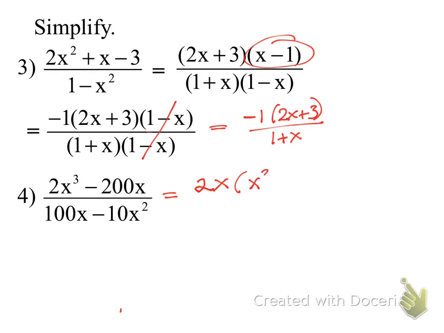You get x squared minus 100. And in the denominator, you would do GCF and it is 10x. And what's left? 10 minus x. Good. Can I do any more factoring?